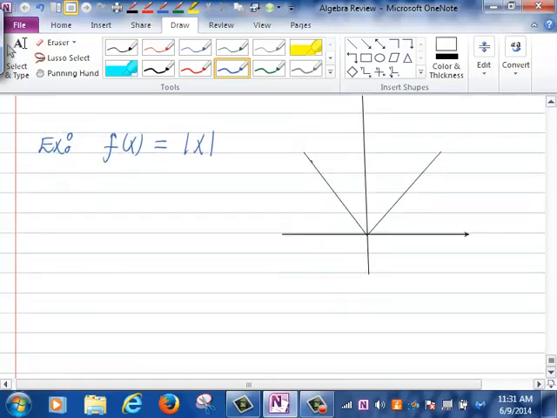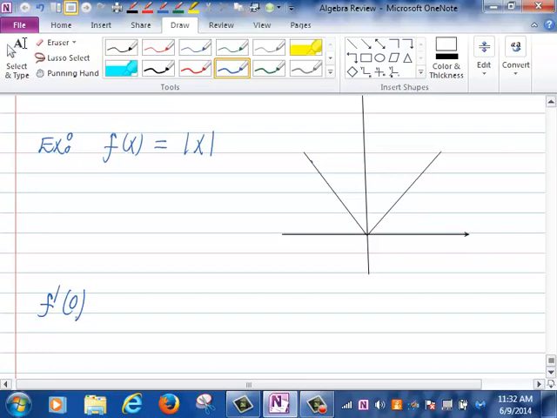Now, what's the derivative at 0? The function is defined at 0, but what's the derivative of the function at 0? Do you think it exists, or do you think it doesn't exist? Why? Well, think about this. Remember what I said.